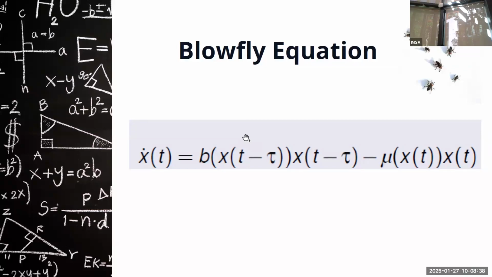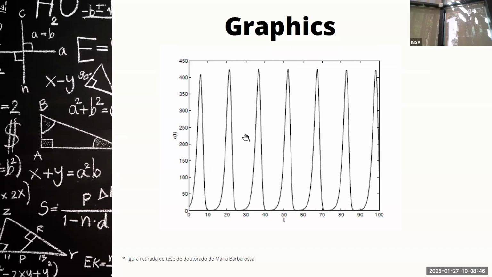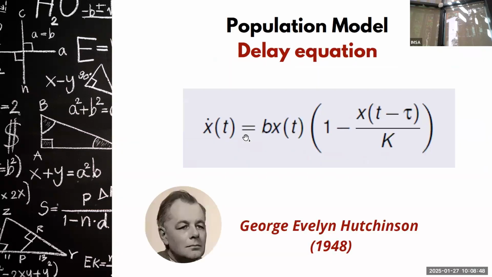Later they found out that this delay was in the wrong part. If you come back here and look at the model, you will see that if you consider that b is bigger than 0, the delay appears in the negative part, and that refers to the death rate, not the birth rate.